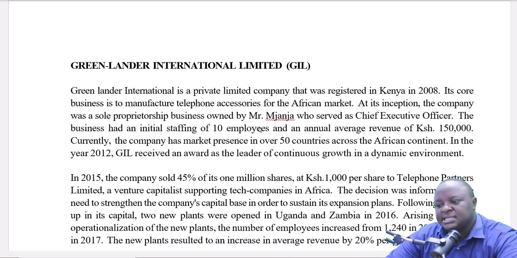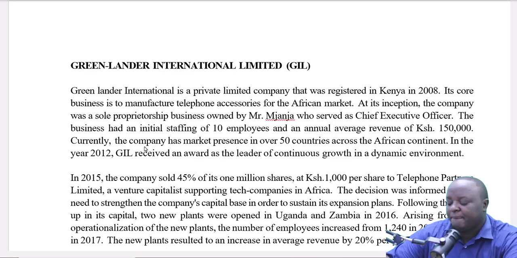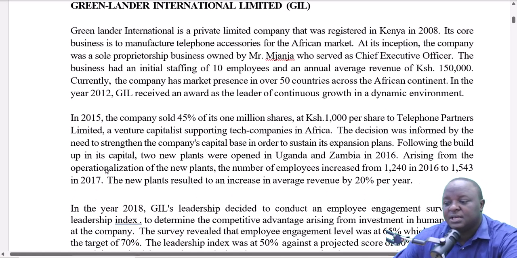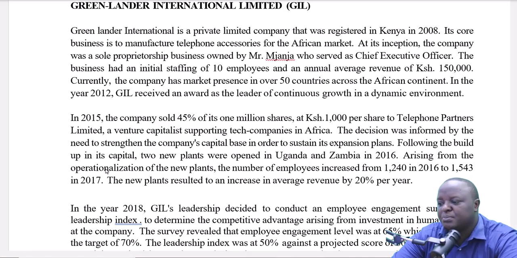But currently, the company has a market presence in over 50 countries across the African continent. In the year 2012, GIL, we shall be using the abbreviation, received an award as the leader of continuous growth in a dynamic environment. In 2015, the company sold 45% of its 1 million shares at 1,000 shillings.